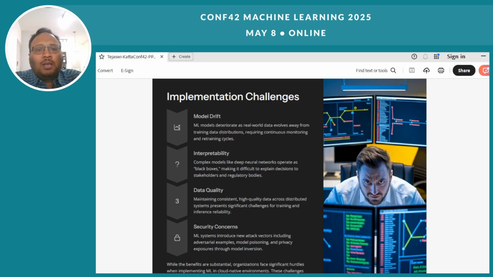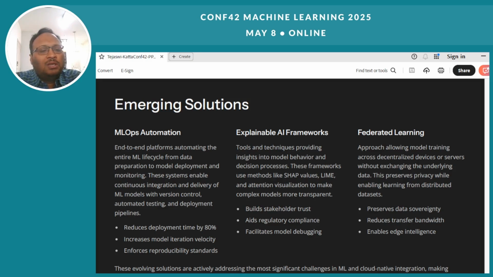Now let's look at the emerging solutions for integrating ML into cloud native systems. The ecosystem is evolving rapidly. MLOps platforms automate the end-to-end life cycle from data prep through deployment, slashing deployment times by almost 80% and enforcing reproducibility.